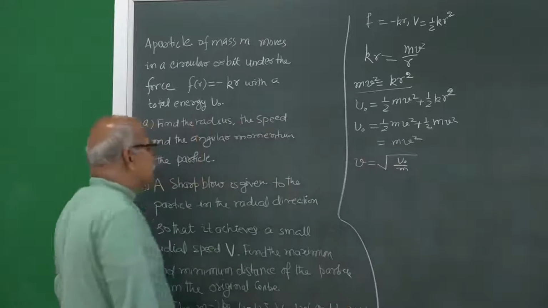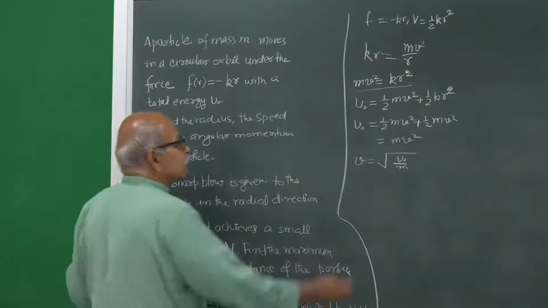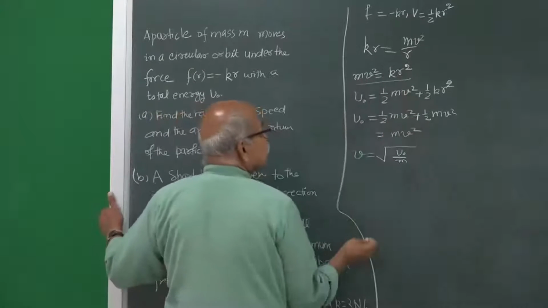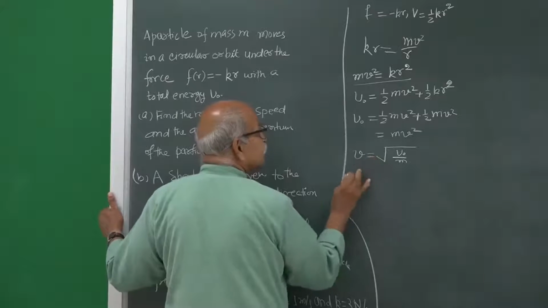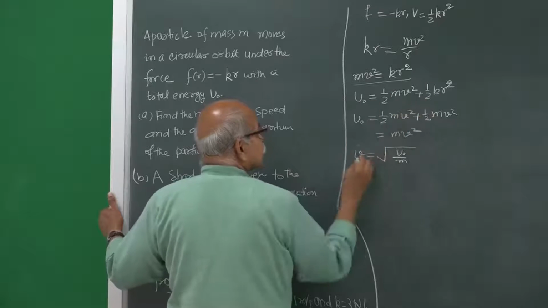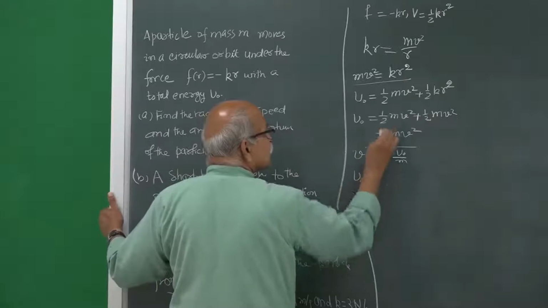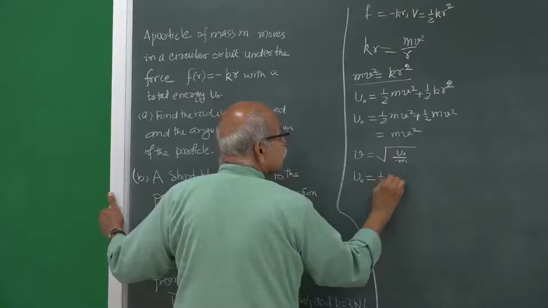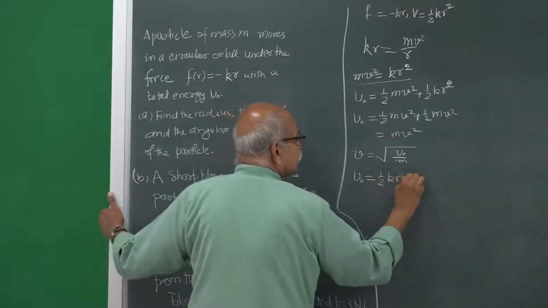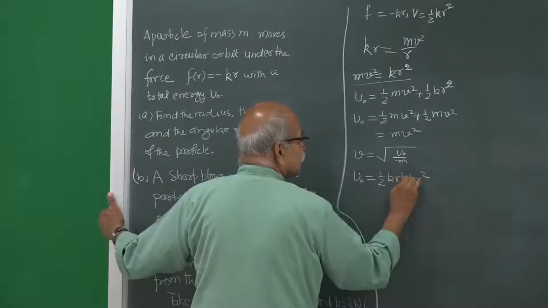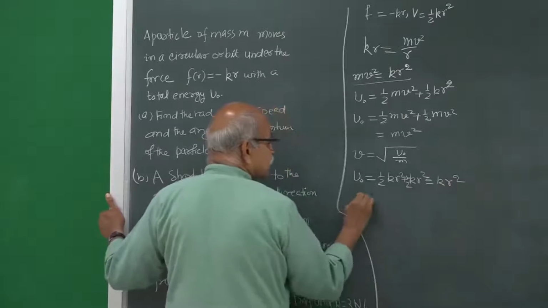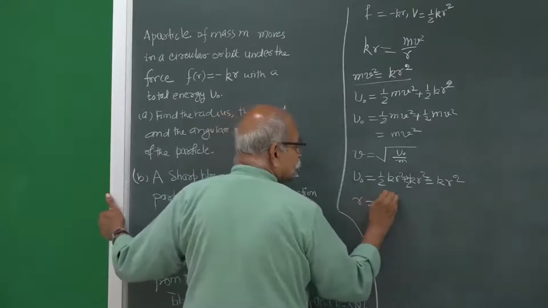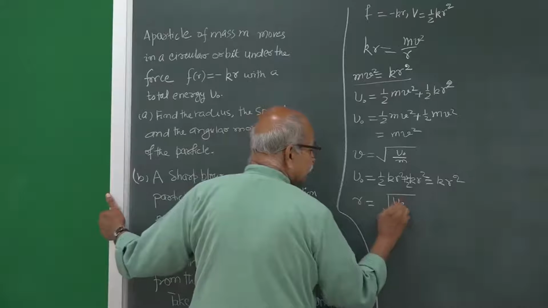So, that is the speed, and radius you can obtain from anywhere. For radius we write U naught is equal to half K r square plus K r square half. So, this is equal to K r square and r is equal to square root of U naught by K.